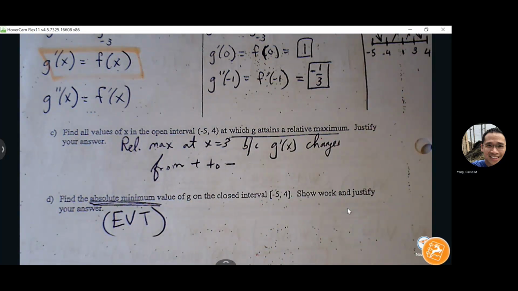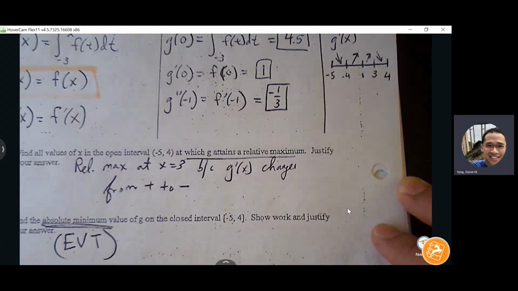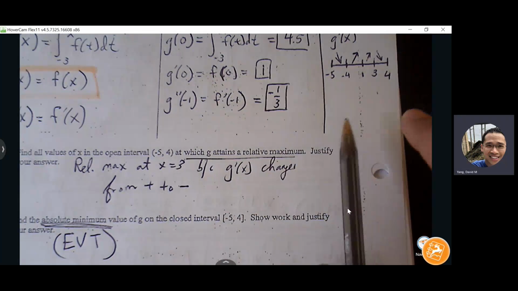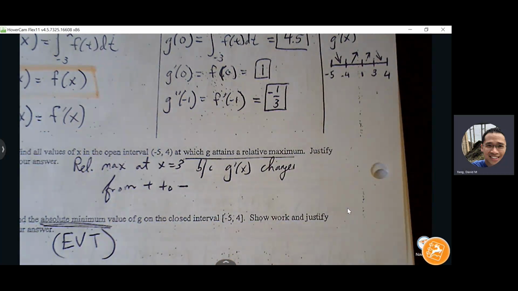Absolute minimum. So if I want to find absolute max, absolute min, what candidates do we have to consider? You remember? Absolute max, absolute min, we have to consider what? Endpoints. Yeah, because the endpoint could land as a max or min, and then also relative max and a relative min.